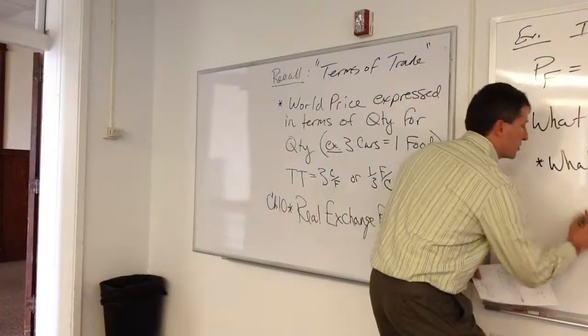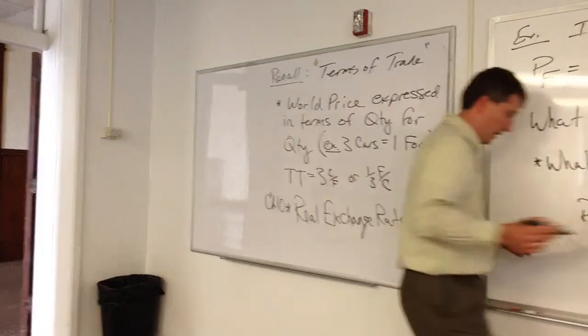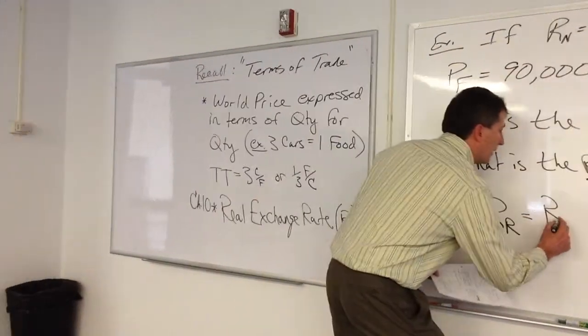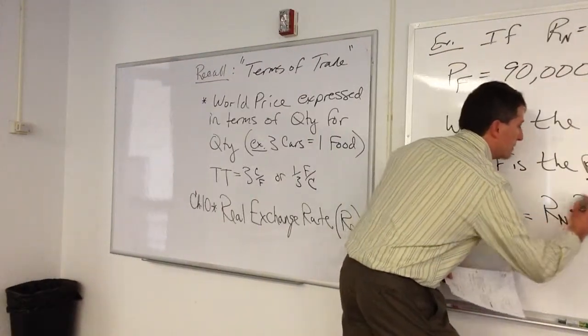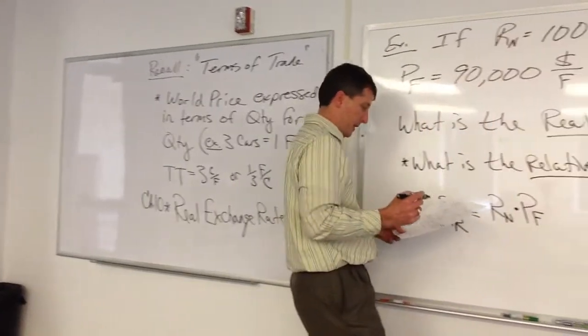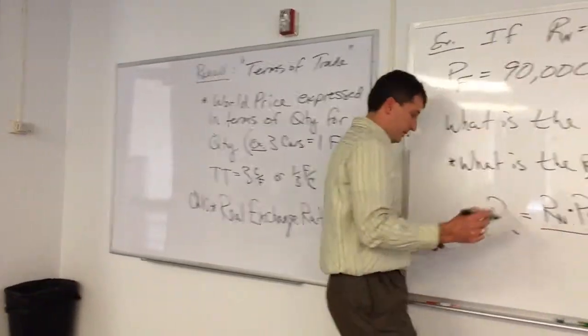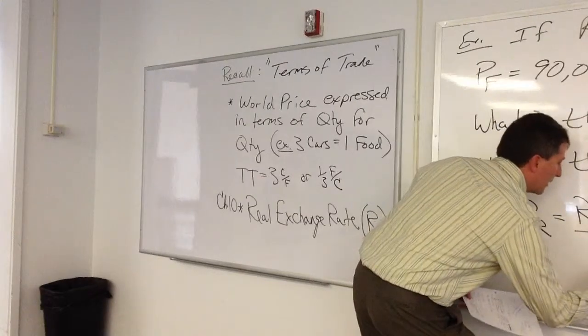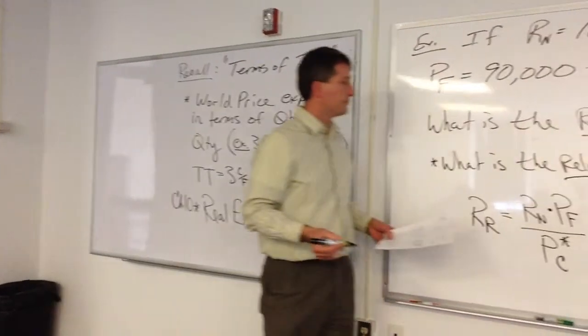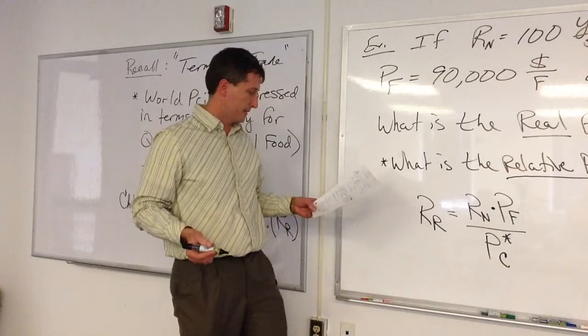So the real exchange rate is equal to the nominal exchange rate times the price of food all over the price of a car. That would be one way to knock it out.